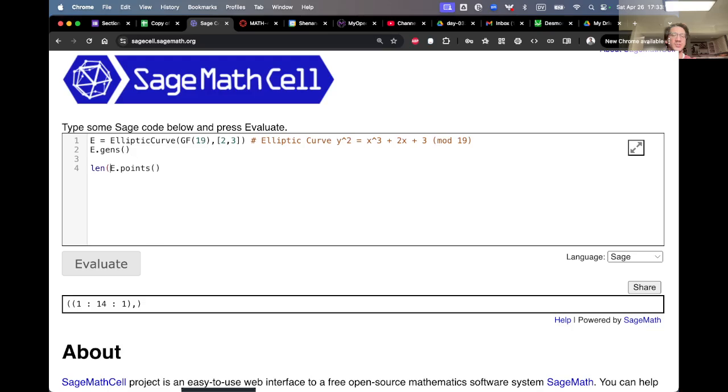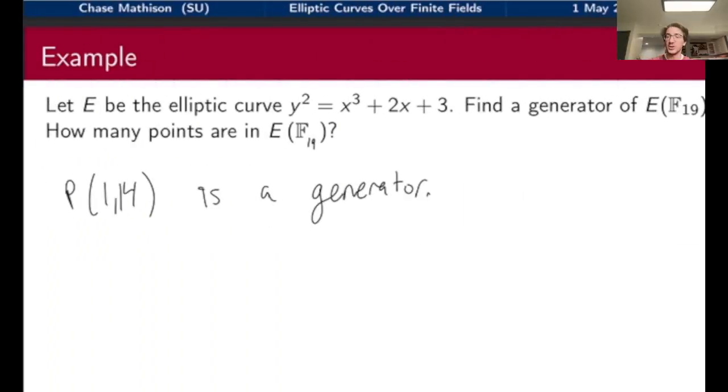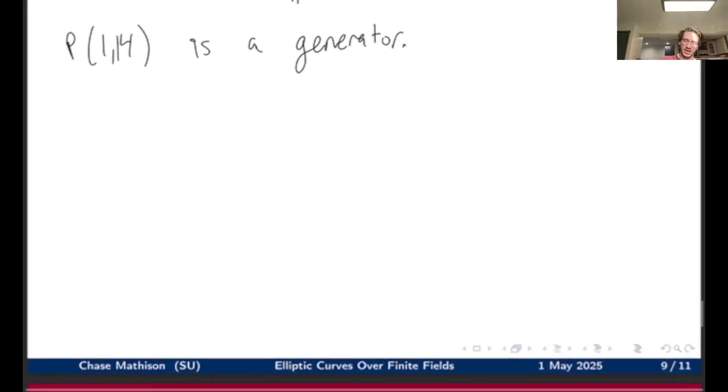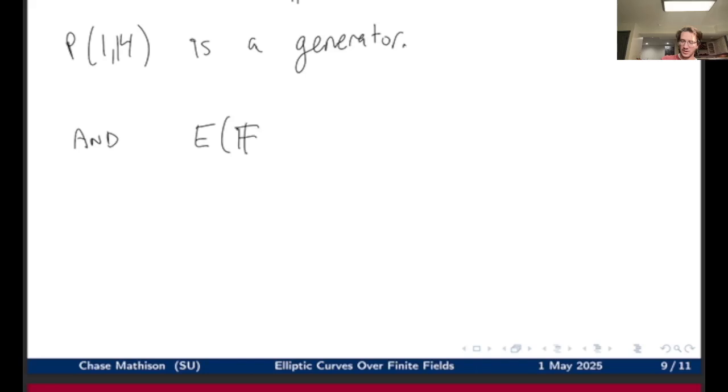And so I can ask what is the length of E.points. And it tells me 20, which if you're keeping track is pretty close to 19. So (1, 14) is a generator, and E(F19) has 20 points according to Sage.